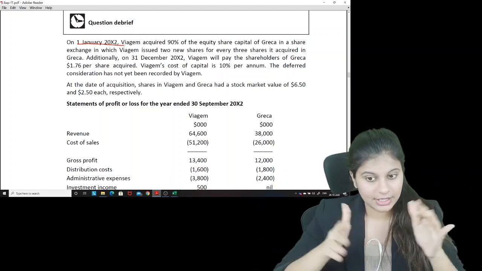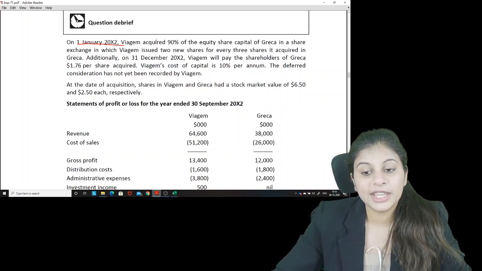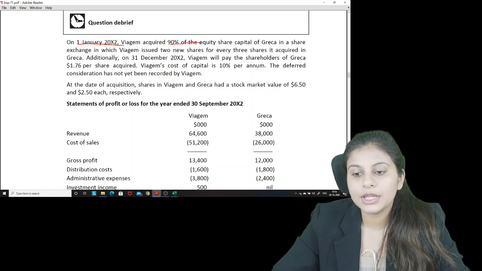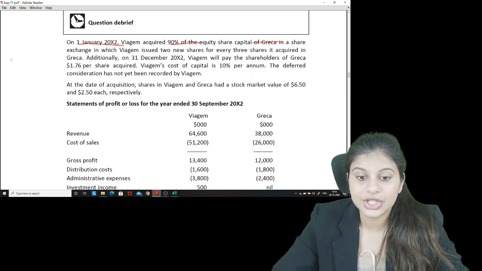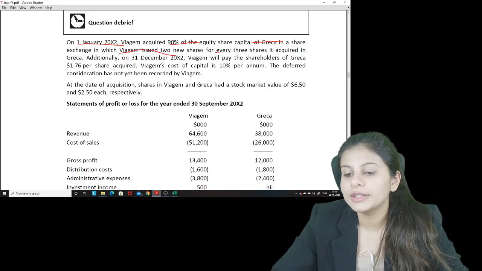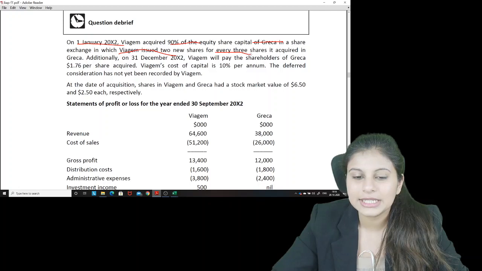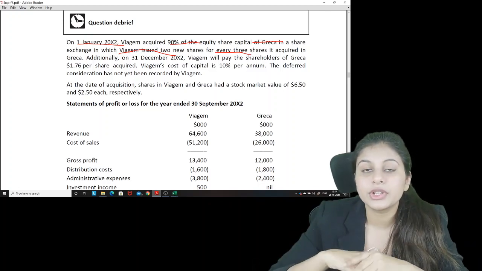Good, understood. Then they say that we acquired 90% of the equity share capital of G in a share exchange in which we issued 2 new shares for every 3 shares it acquired in Gresa. So they are particularly talking about the consideration transferred.